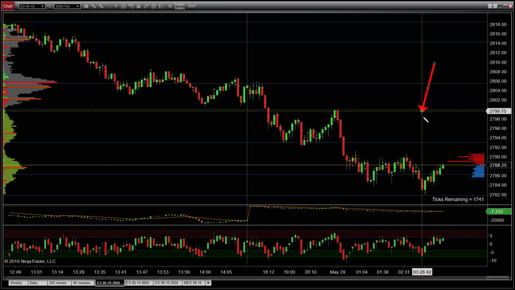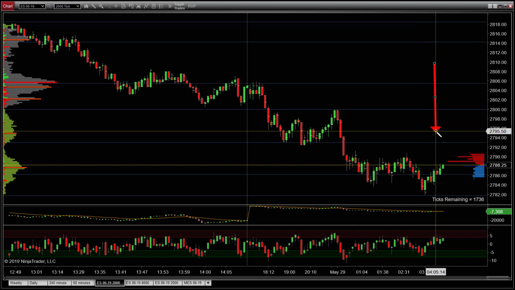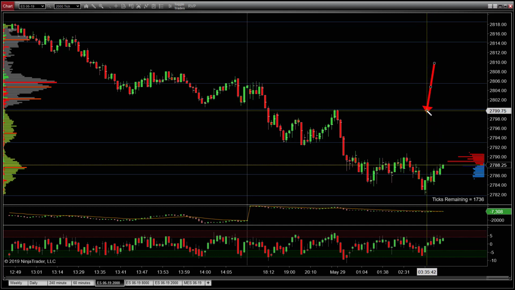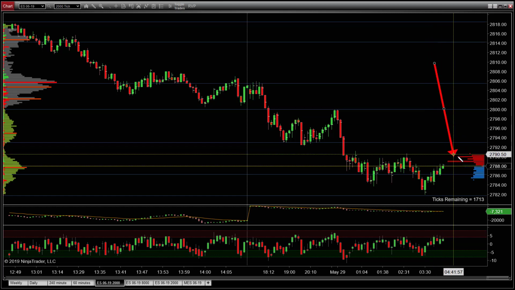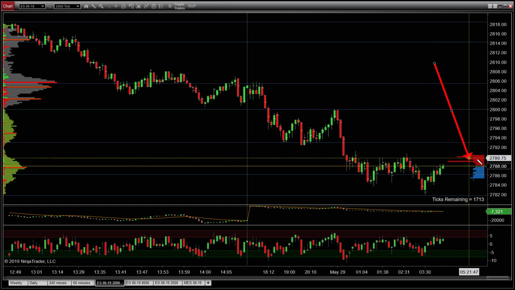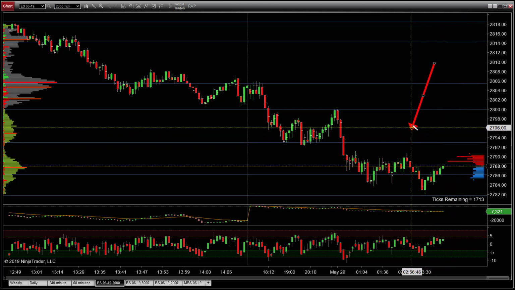But then again, that's another 12 points. They may not be able to get that in the morning, considering, look at these guys sitting right here on the level 2, keeping pressure on the market.